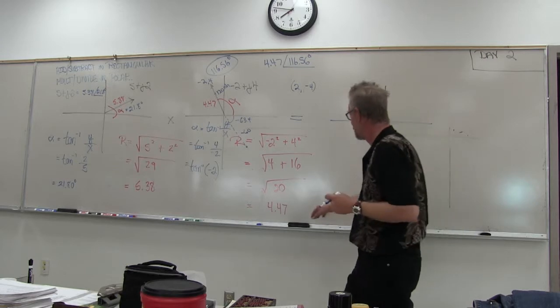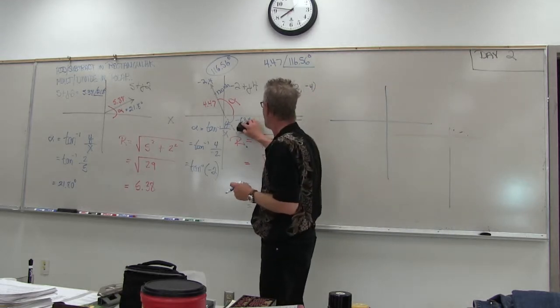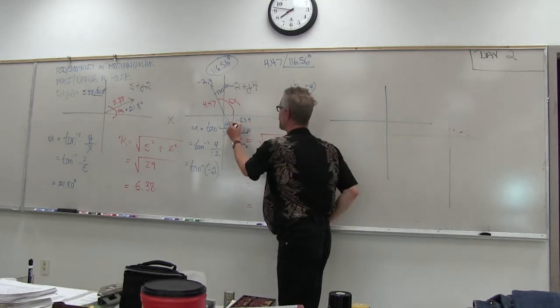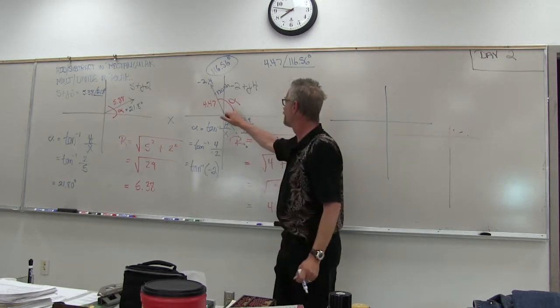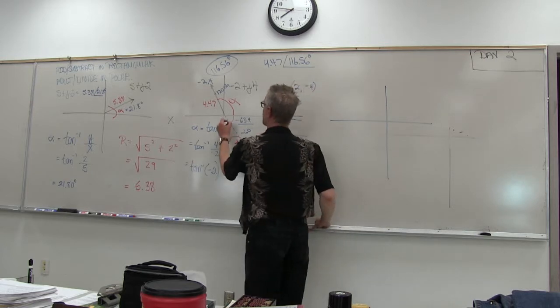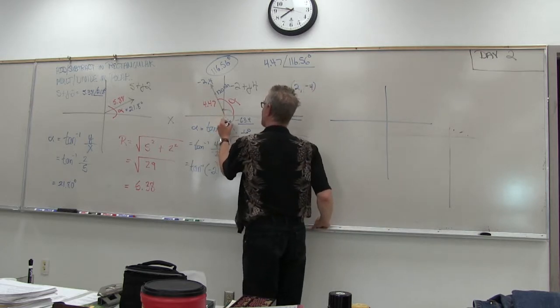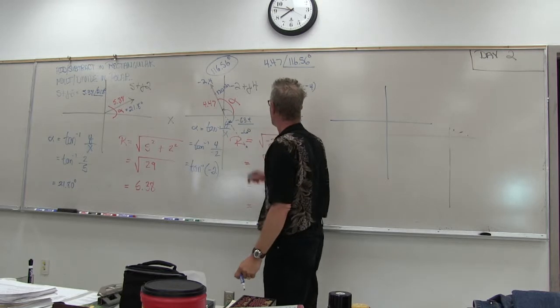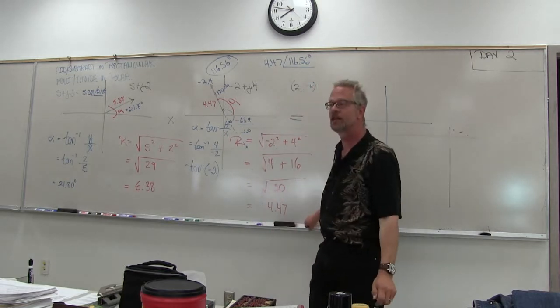So how did you get 116? I got 116 by taking the answer, which is negative 63, and adding 180 to it. Because this is 180 degrees away from that point. So negative 63.4 plus 180, isn't that what you did?